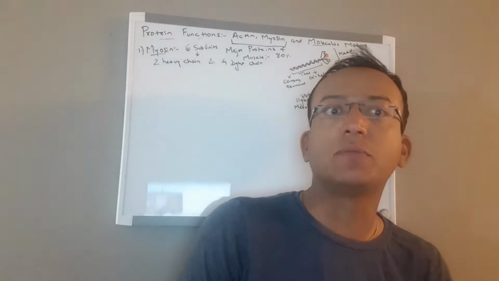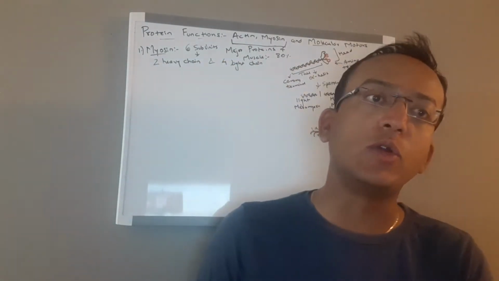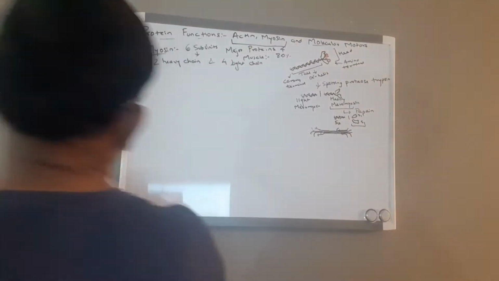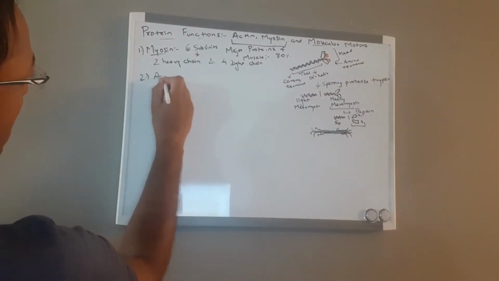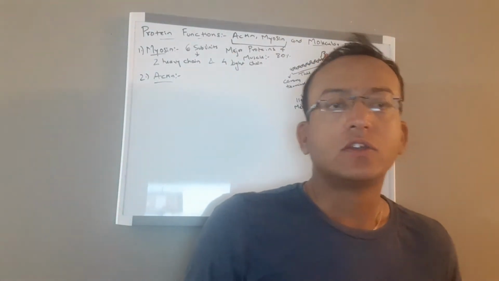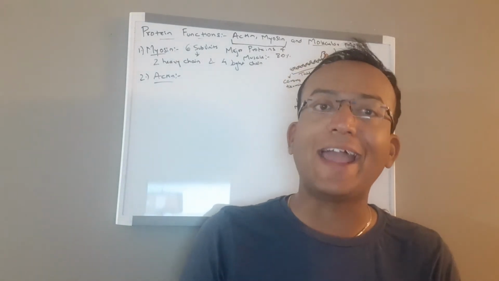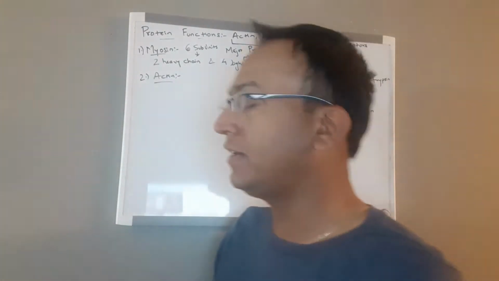And the second major muscle protein, that is actin, is abundant in almost all eukaryotic cells, right? So in muscles, the monomeric actin is called G-actin, right?